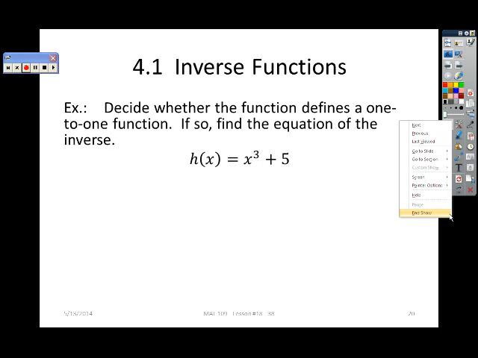Because if you're asked, is this a one-to-one function? First of all, is it a function, and then is it one-to-one? Unless you just graphed it, it's going to be difficult to tell. But if you know the basic shapes of functions and what effect transformations have, then you can know what that is.